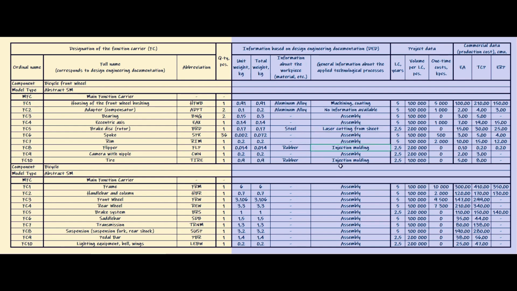Thus, we see another role of the extended structural model. In addition to setting the degree of abstraction, it is the formation of a more comprehensive view of the object of analysis.